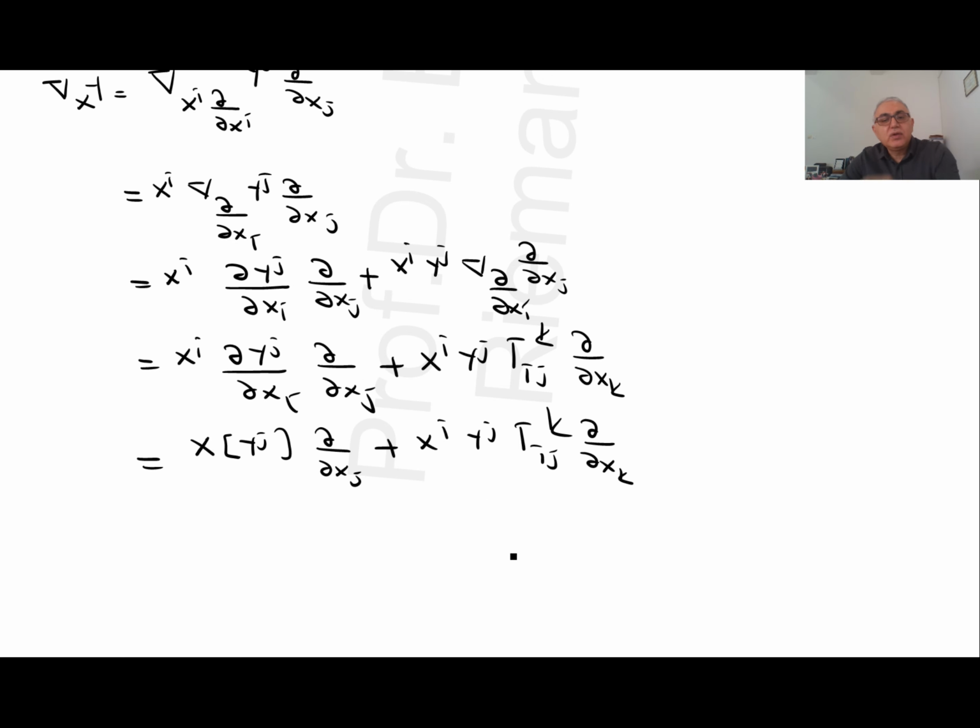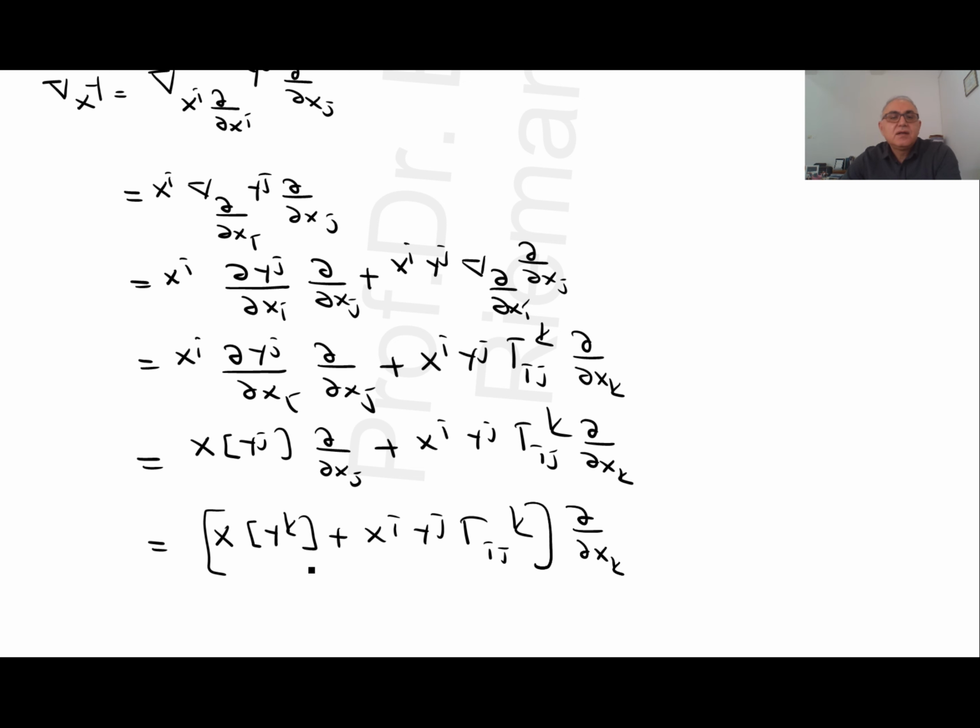We know that all indices i, j, k run over the same index set, so we can write in this form X(Y^k) plus X^i Y^j Gamma_ij^k, times partial_k.